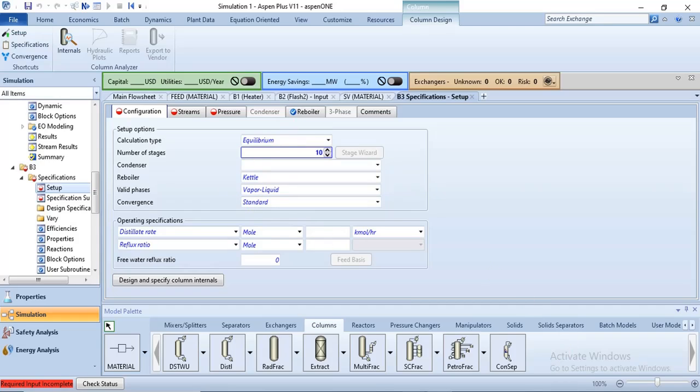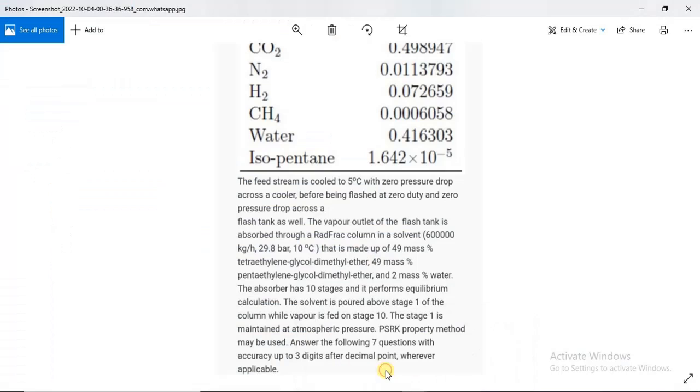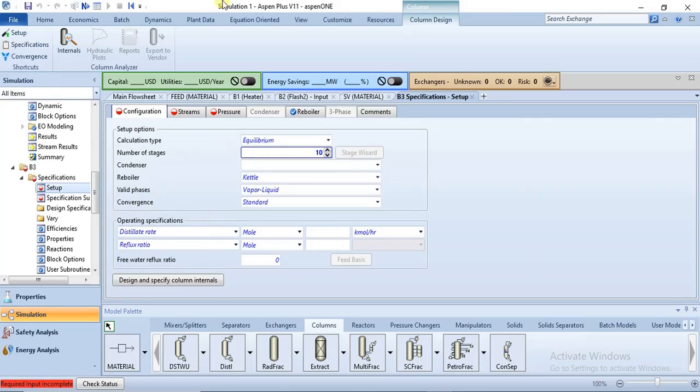Then what else do we have as information there? It says the solvent is poured above stage 1. Then the vapor is fed on stage 10. Stage 1 is maintained at atmospheric pressure. Then the PSRK property method may be used, right? So let's go back and see what we have here. They are asking us for condenser type and reboiler type, right?